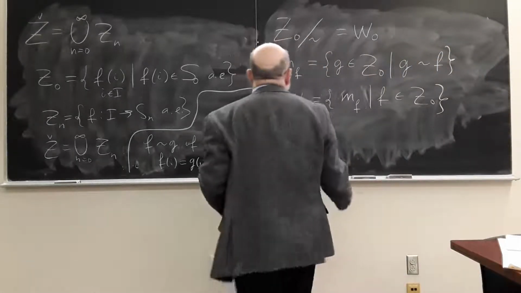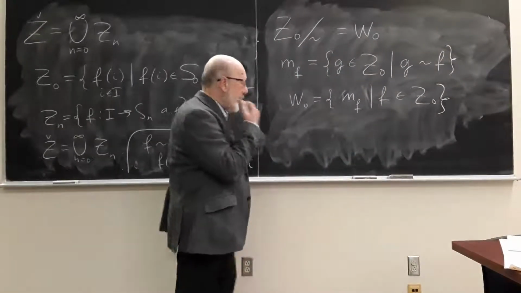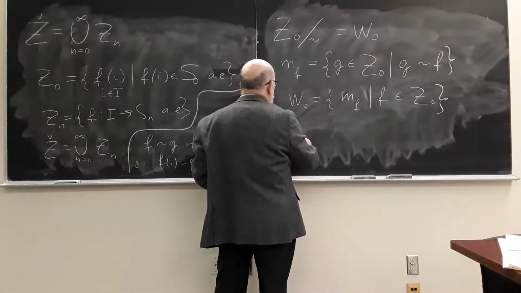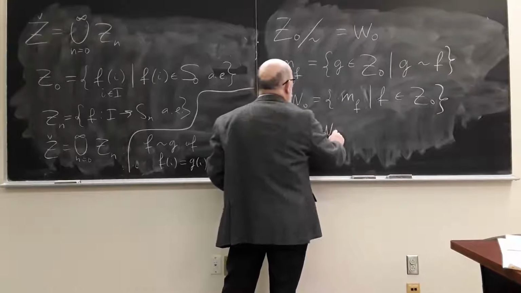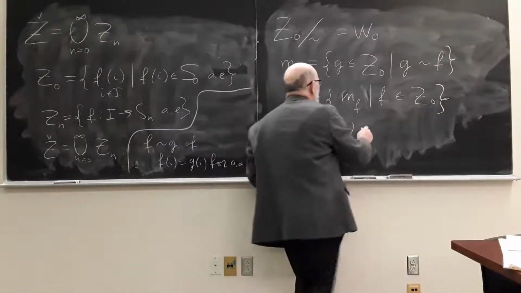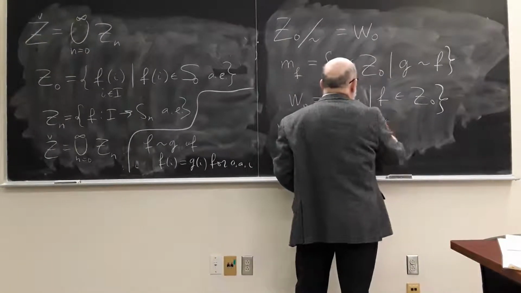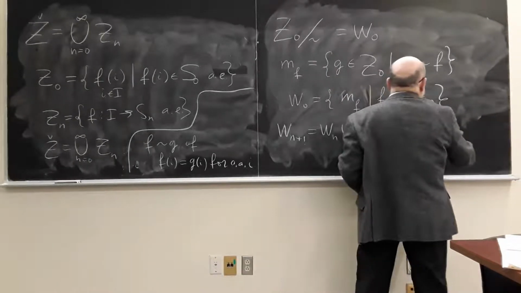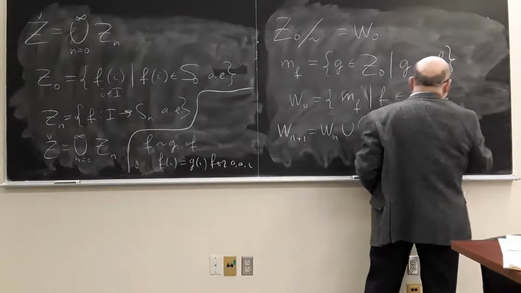And then I define the superstructure: W_{n+1} equals W_n union with P of W_n, n equals 0, 1, and so on.